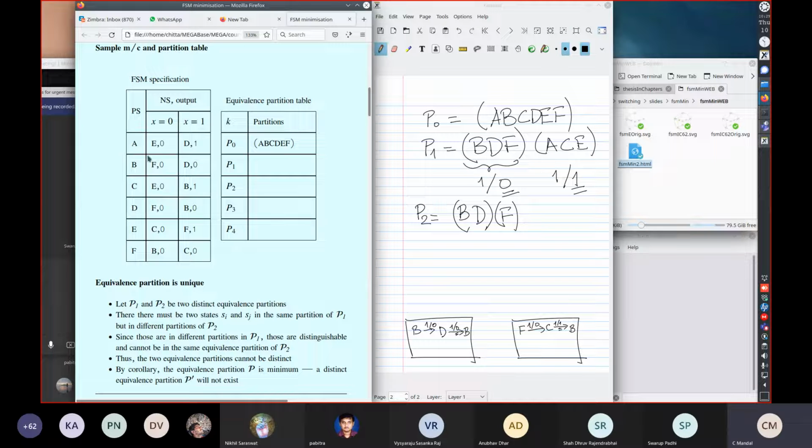A, C, and E have transitions to C and E only. So that's all right. But what about 1?